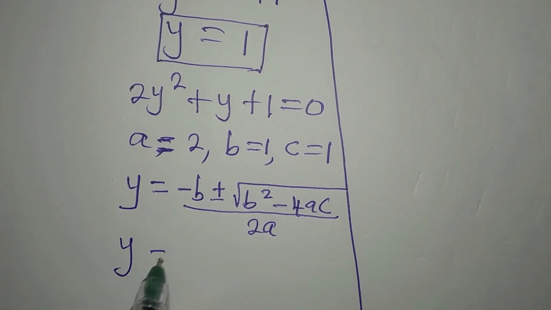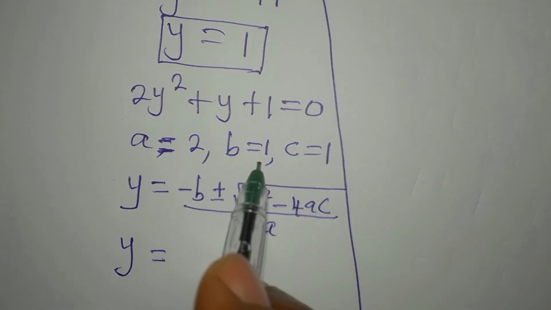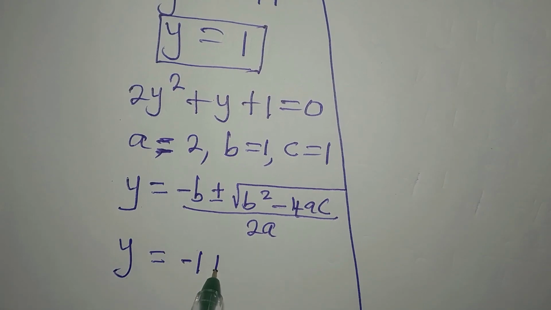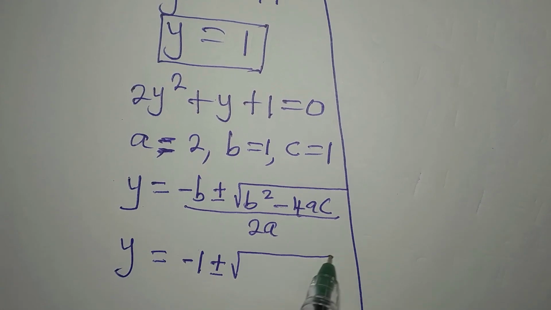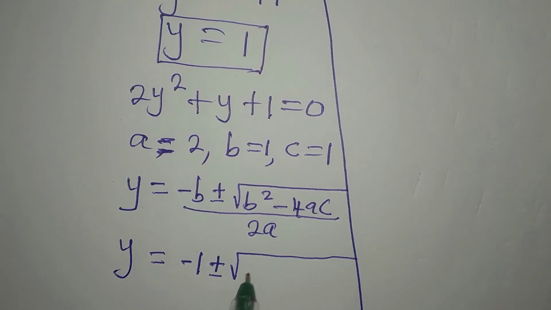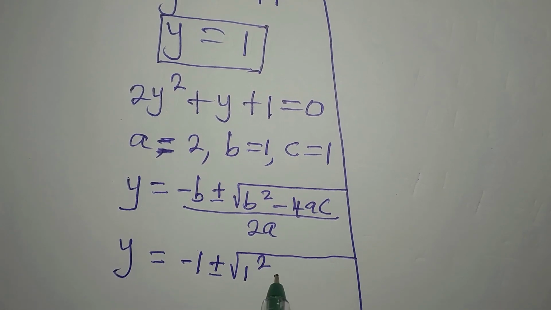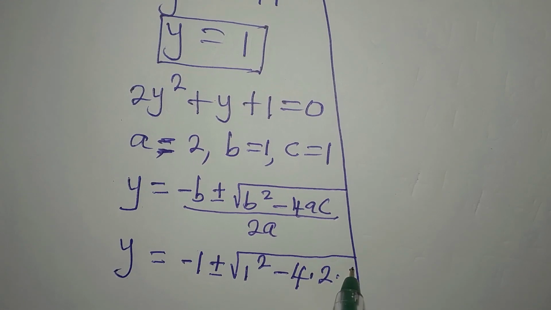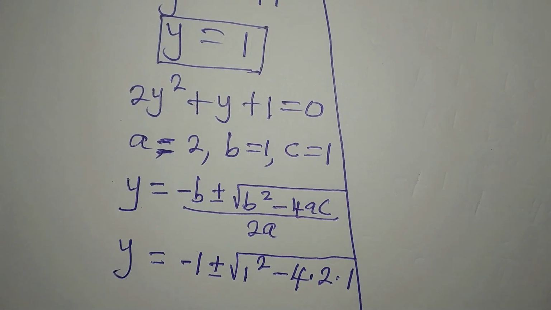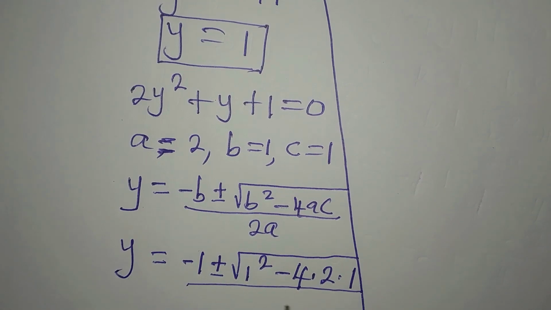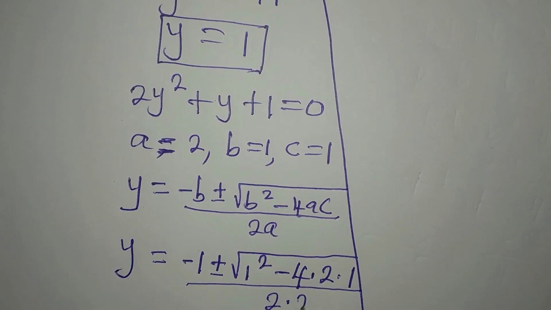Now y will be, in place of minus b, write minus 1 plus or minus, b squared becomes 1 squared minus 4 times a, which is 2, times 1 because c is 1. Then we are dividing this by 2 times 2.